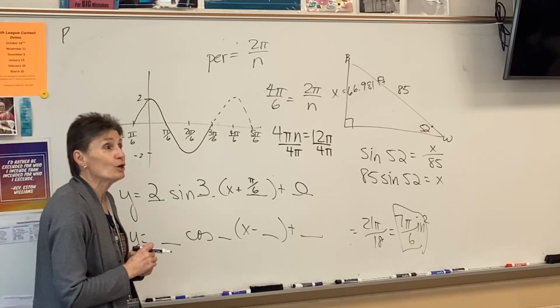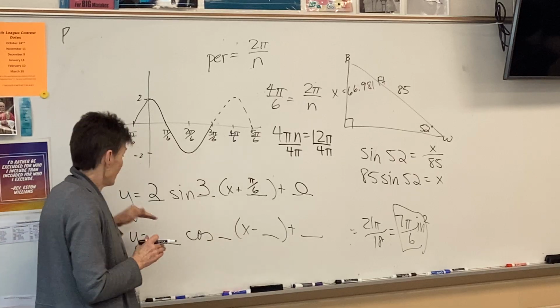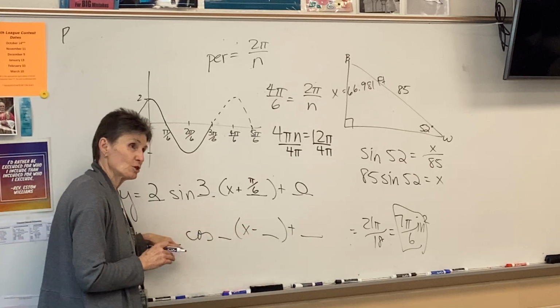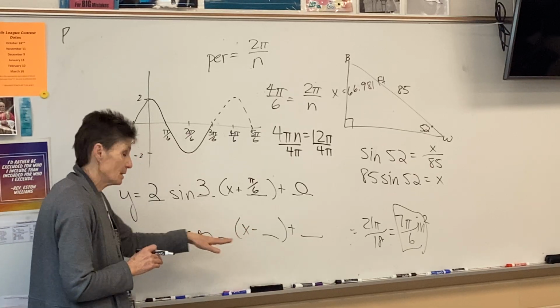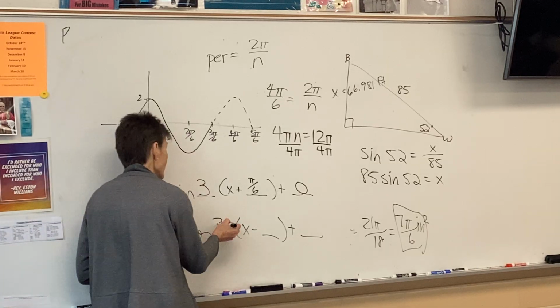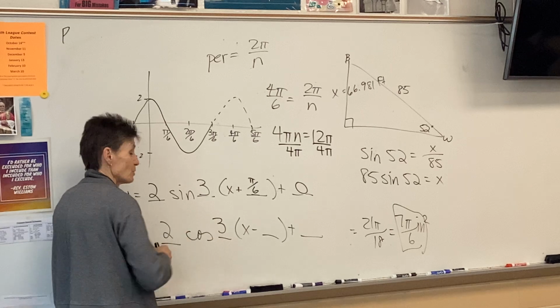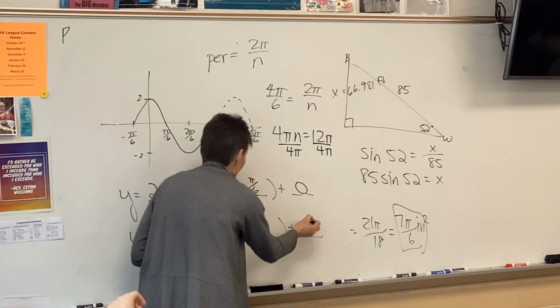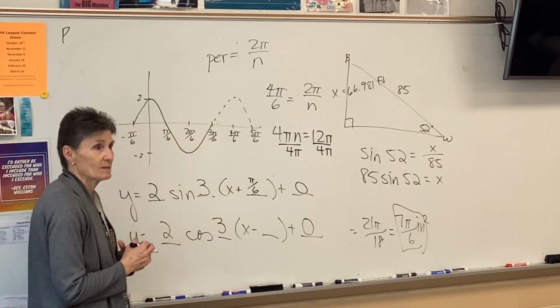Now, the good news is, only one number is going to change in this equation. The amplitude is still going to be 2. The period is not changing, so that number's still going to be a 3. And I haven't lifted it at all, so that's going to be a 0.